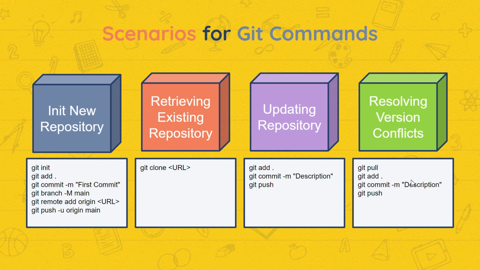The next part is to resolve version conflicts. For example, you are working on version 3 or 4, which is the latest copy. And when you go home to another computer, or a teammate is working on an older version at home, they had cloned it, but when they cloned, it was version 1.